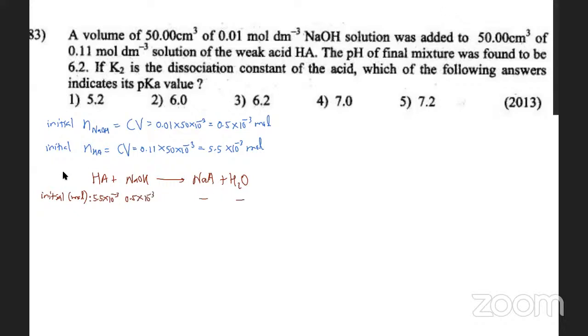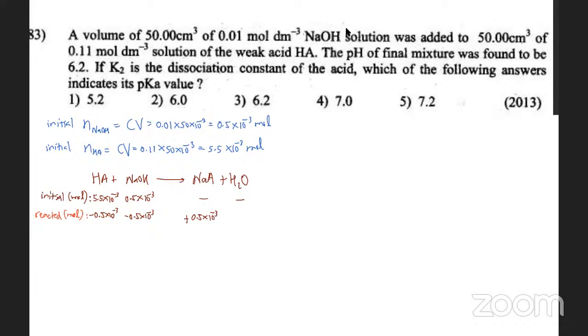Then we have to figure out the reacted number of moles. Sodium hydroxide is the limiting reagent because the ratio is 1:1. We have HA in excess, so 0.5 times 10 to the power minus 3 moles of it will react, the same amount of NaOH will react, and the same amount of NaA, 0.5 times 10 to the power minus 3, will be produced.